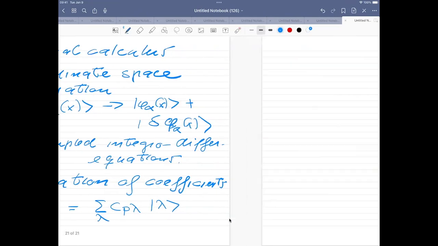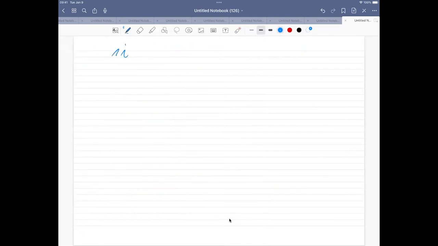Then there is a very nice approach, which I really like, because that allows us to make an analysis of the stability of the Hartree-Fock equation. And that is to perform the variation in second quantization. So this means that this is a slightly different way. So this is to derive the Hartree-Fock in second quantization.